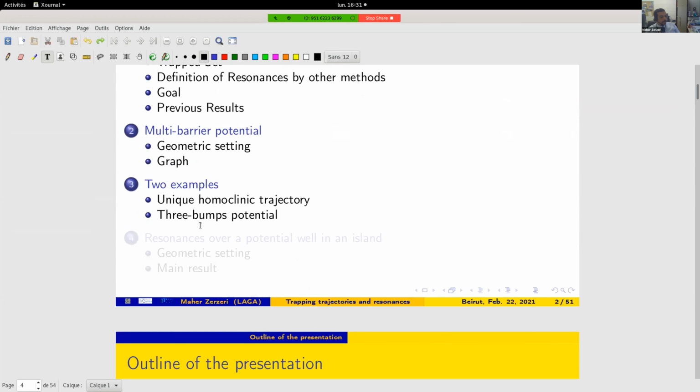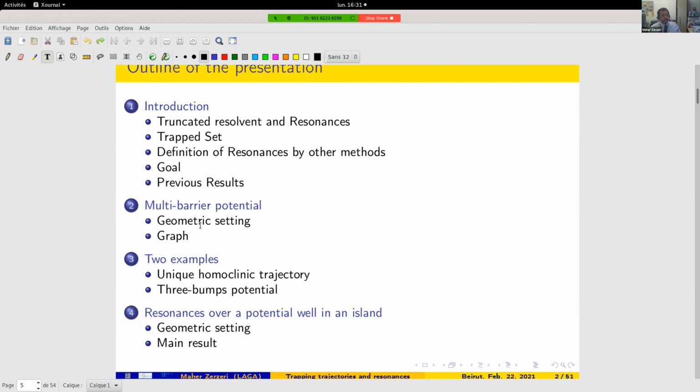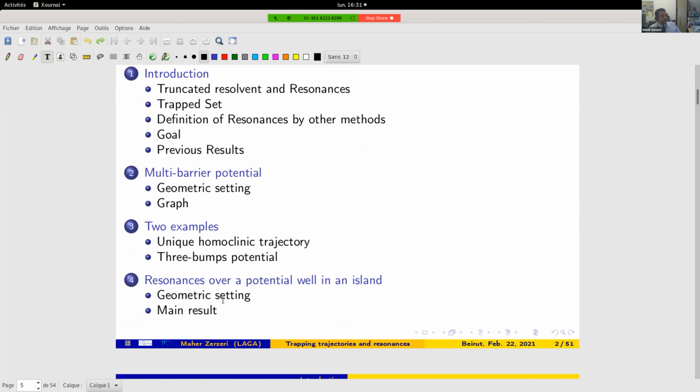I cannot explain all these phenomena, but maybe two or three that are different from the later work. And finally, maybe I explain the geometric setting for some level and the main result with Johannes Sjöstrand.